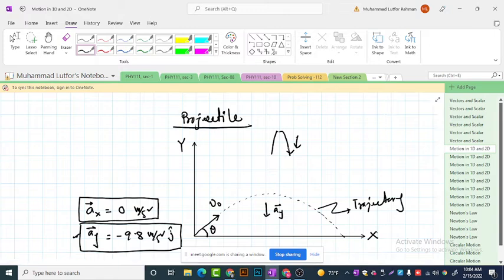Since the force is downward, the acceleration is always downward. So I write a_y is minus 9.8 meters per second squared. If I consider gravity, I will always use the minus, whether I am going upward or downward. Acceleration due to gravity is always negative when you are very close to the earth's surface, doing this experiment at the surface of the earth.